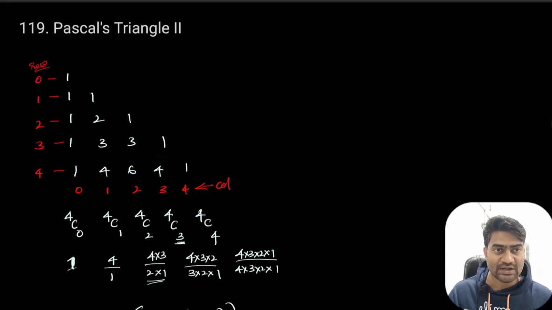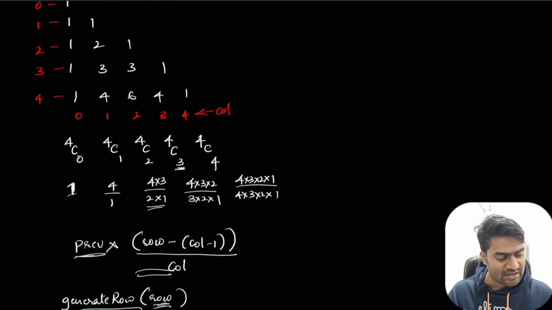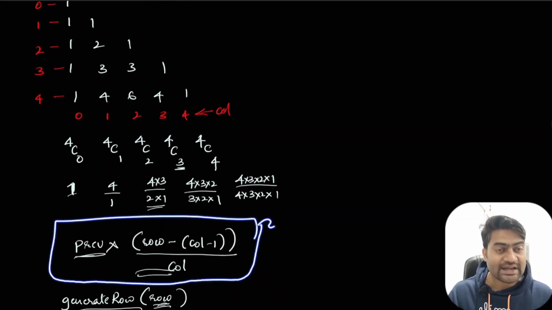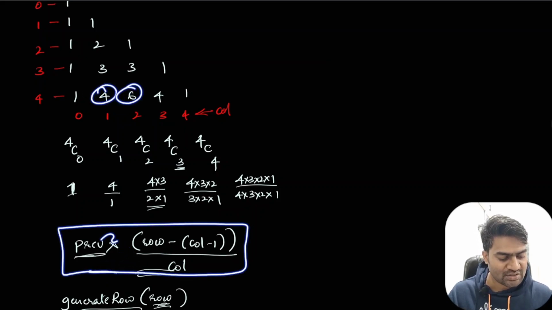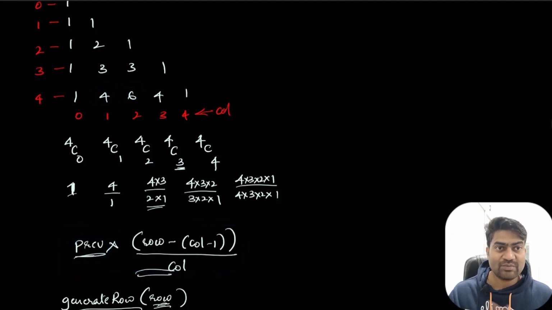We have already seen how each cell is calculated using the nCr formula, and then we improvised it. Then we finally formulated this formula, and we try to find each cell using a DP approach by keeping the previous value reference.